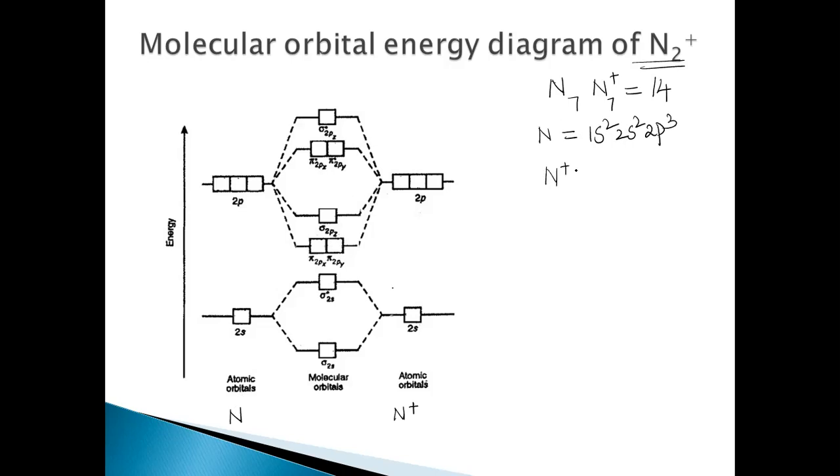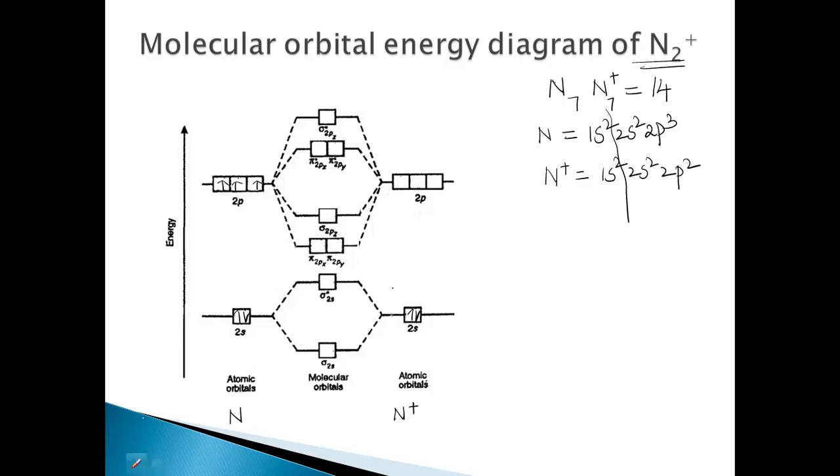For nitrogen plus, there is 1 electron less because it is carrying the positive charge. So 1s2, 2s2 and 2p2. So here 1s2, and this one I'm skipping. I'm starting right from this 2s2. So here 2, 2, I'm filling this. And 2p3 and 2p2. So this one is for nitrogen, single electrons here.